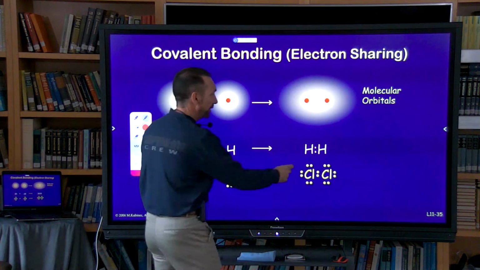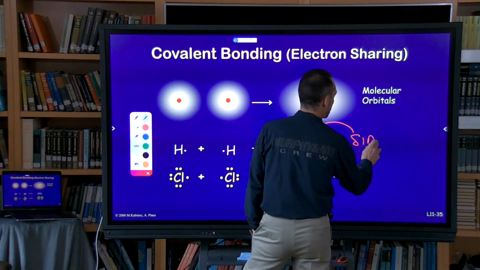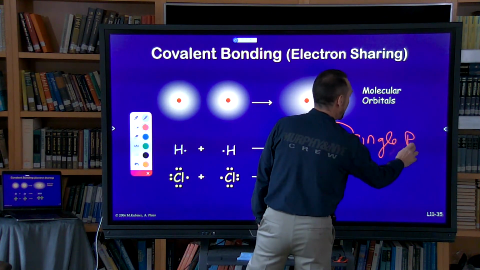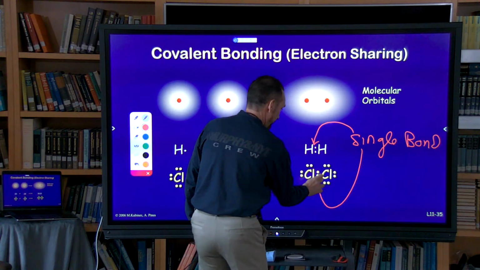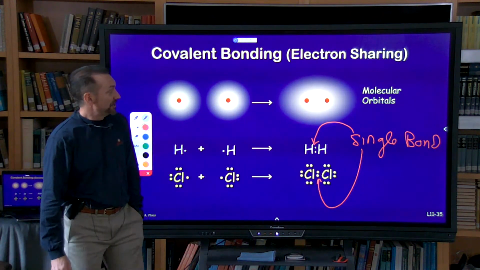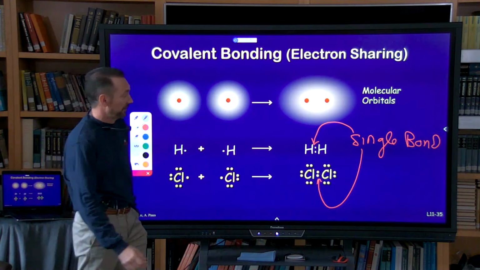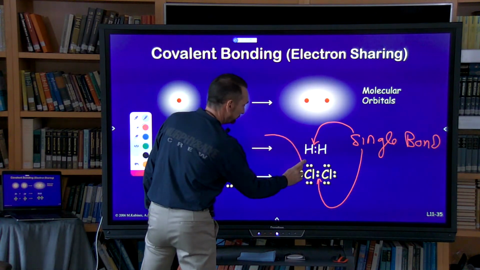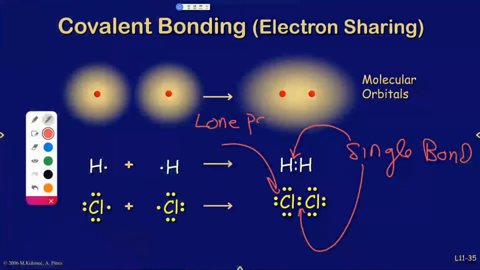So here, that's a single bond, and that is a single bond. So it's a single covalent bond. Sharing one pair of electrons gives you one bond. These electrons are called lone pairs.